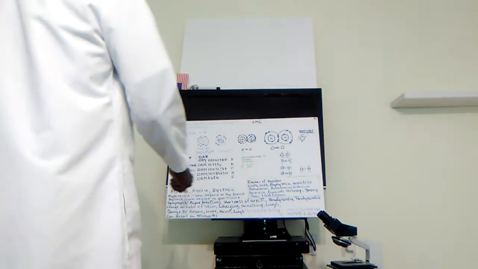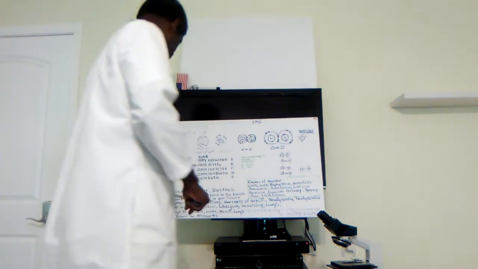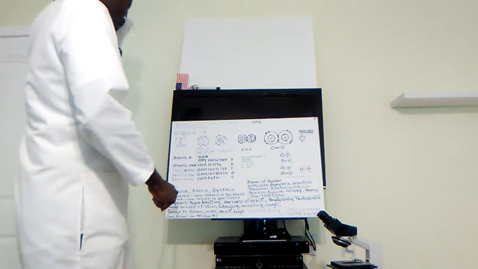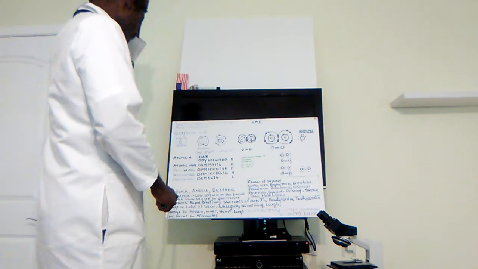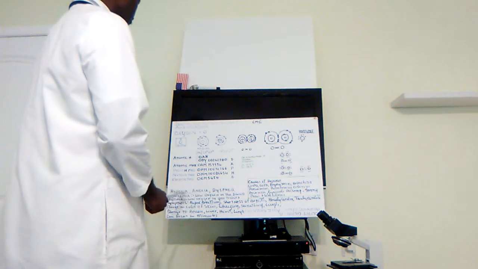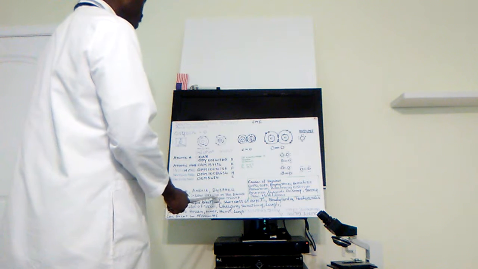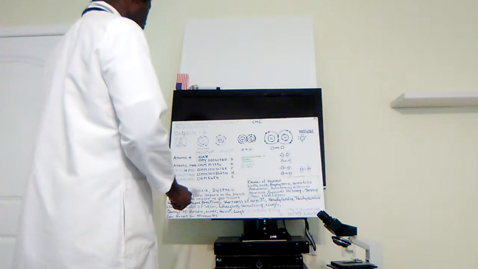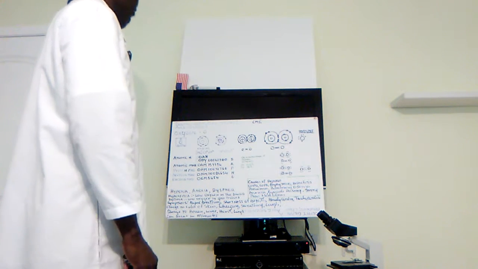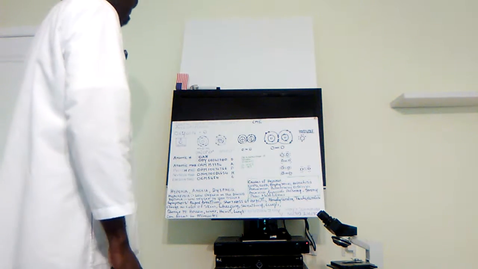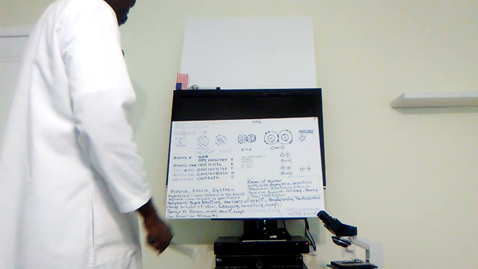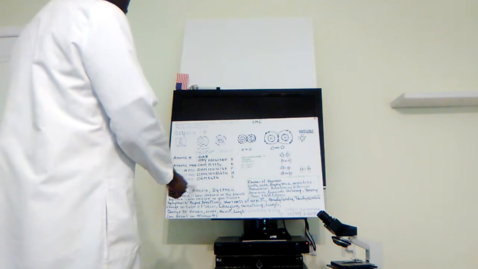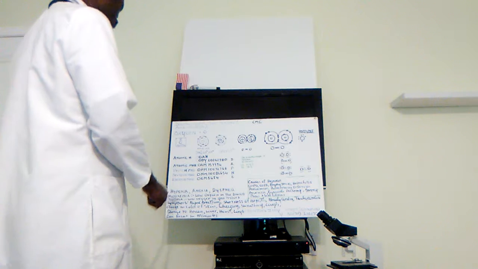Okay, so now we look at some abnormalities in the body, and many others were described in previous lectures. Hypoxia, which is low oxygen in your tissues. Hypoxemia, low oxygen in the blood. And anoxia, which is an extreme lack of oxygen. So anoxia is an extreme case of hypoxia.